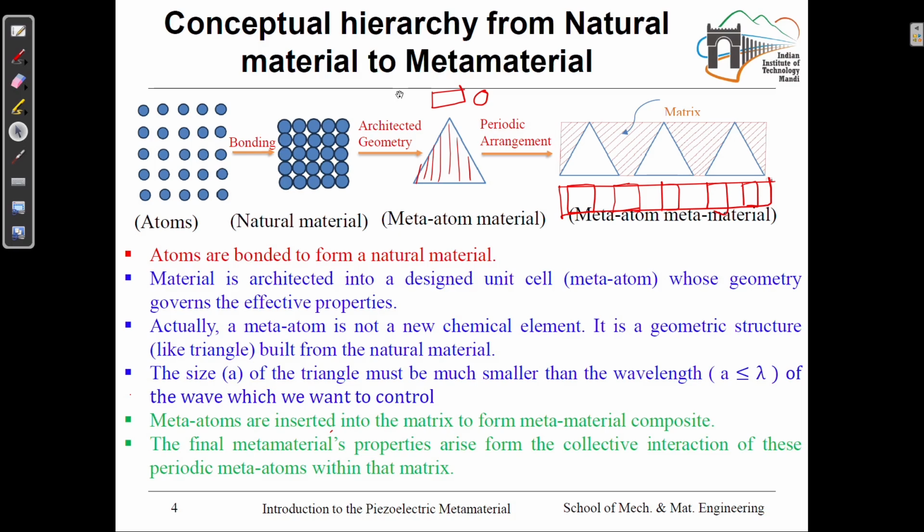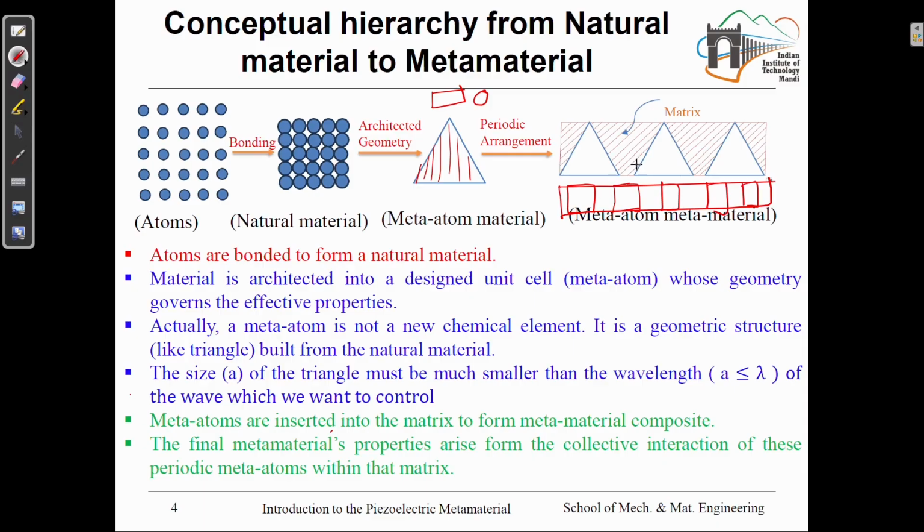So see, we have only one type of natural material, and actually we can make so many types of materials, so-called metamaterials. The interesting thing is this: whatever shape you give to this so-called meta-atom, you will have different properties.